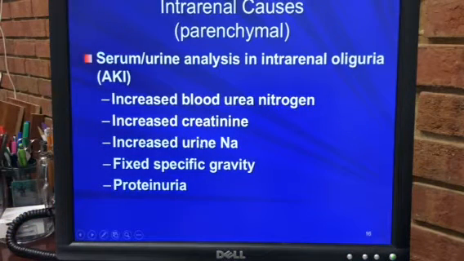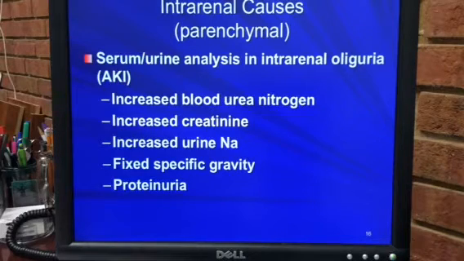In addition, a pre-renal situation that is not corrected will eventually damage the proper kidney, and then you have intrarenal. So, in intrarenal oliguria, what you see is blood urea nitrogen and creatinine increasing, and they're increasing proportionately. So they're both elevated, but that 10 to 15 to 1 ratio is maintained.